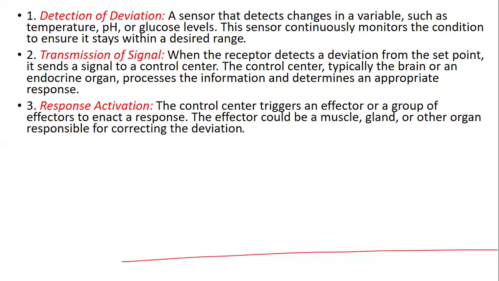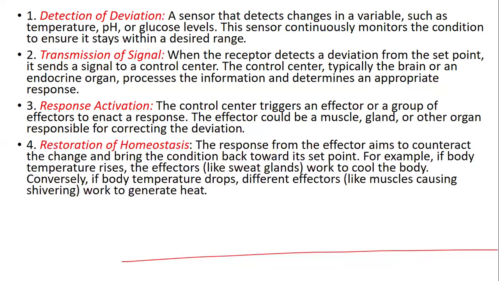Then the response is activated. The control center triggers an effector or a group of effectors to cause a response. The effector might be a muscle, a gland, or other organs responsible for correcting the deviation.